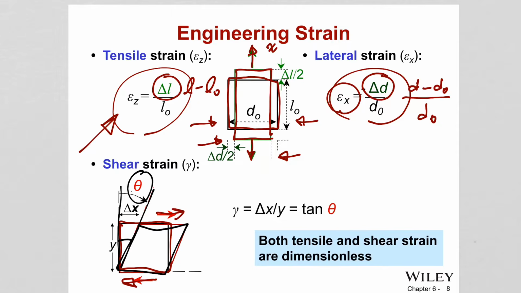So the tangent of theta is actually how we define the shear strain, gamma, the shear deformation. That is delta x over y. All strains are dimensionless because at the end we are dividing length by length or diameter by diameter. So the units cancel. So when we say strain, it is dimensionless.